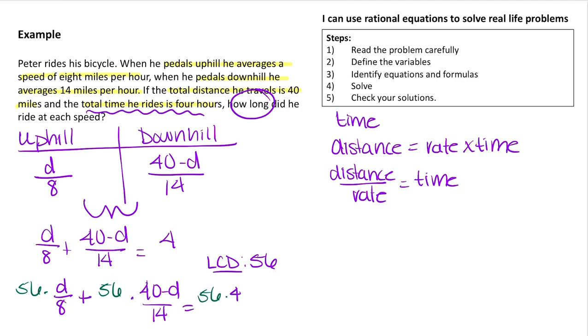On the left side, this 56 and 8 will reduce, so I just have a 7 up here. Here, 56 and 14 reduce, so I just have a 4 up here. And on the right side, 56 times 4 is going to give me 224.